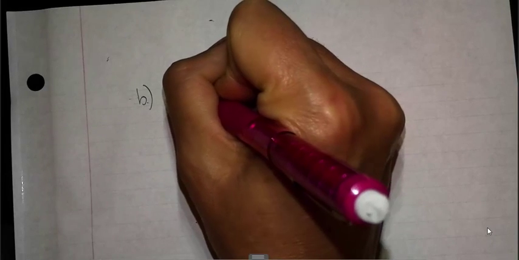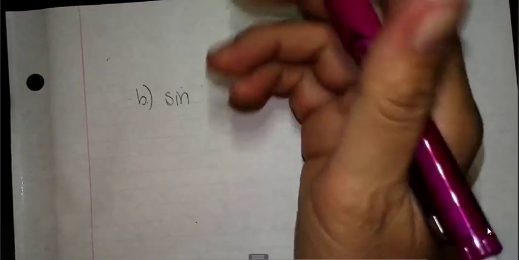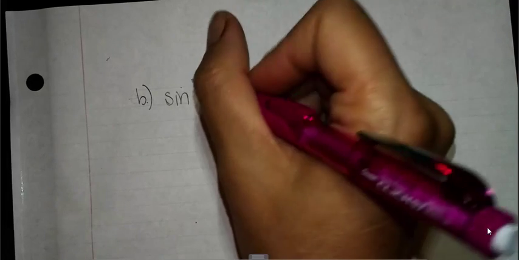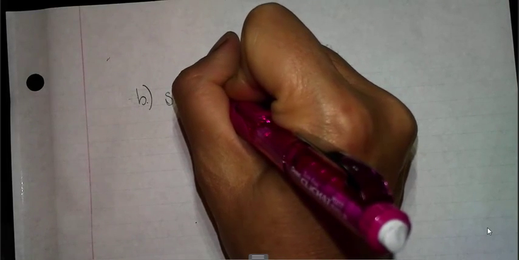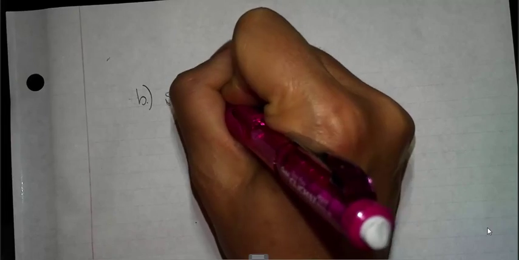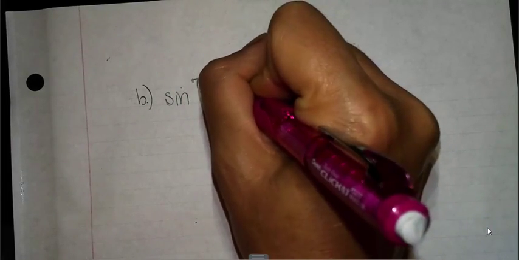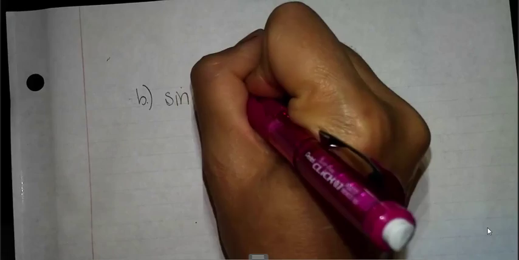Let's do another one. How about, we'll call this B. What if I just have you do sine, I'm making this up as I go, sine to the 7th of 2x squared plus 1?